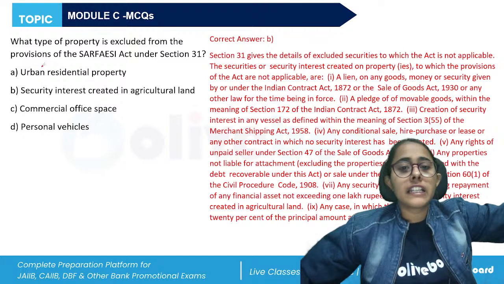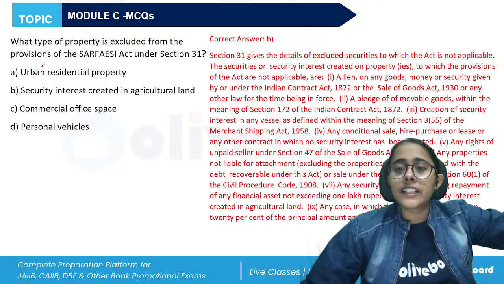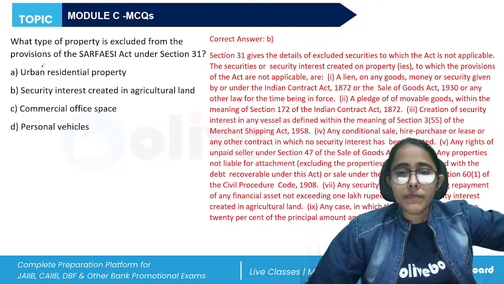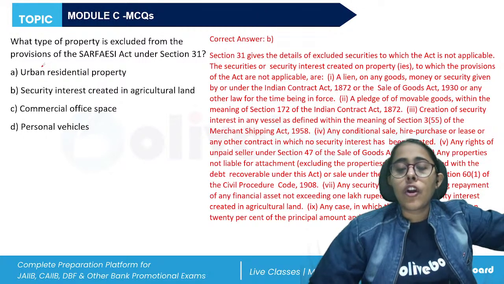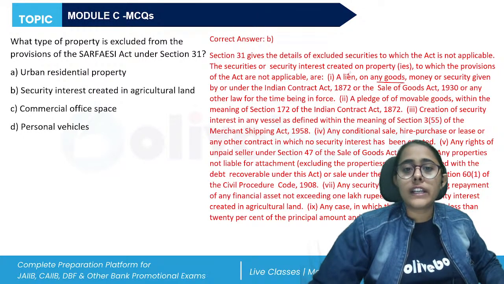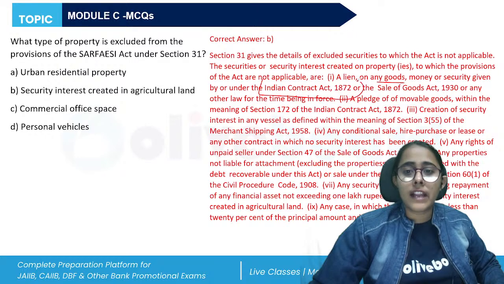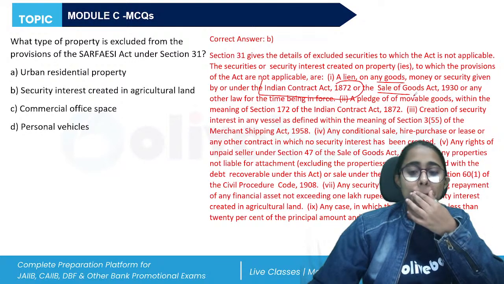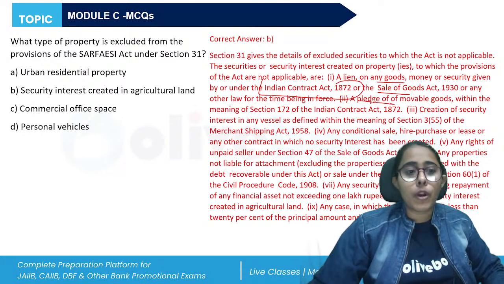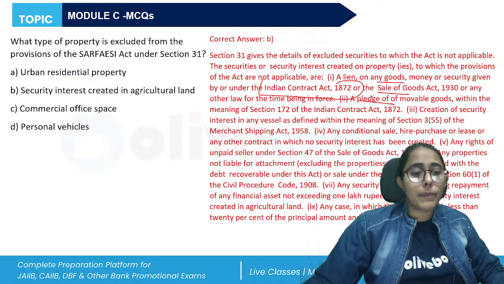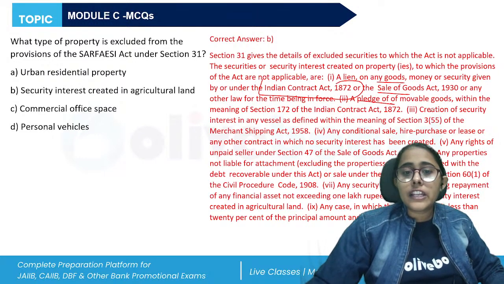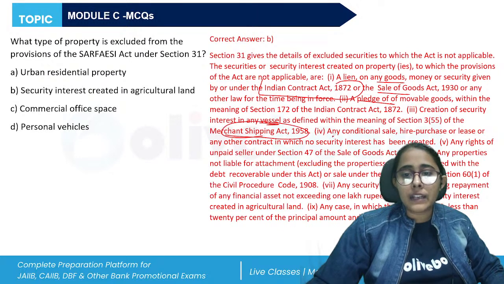Section 31 gives details of the excluded securities where the Act is not applicable. These include a lien on any goods, money or security that is given under the Indian Contract Act or the Sale of Goods Act. Any pledge on movable property. Pledge on movable property cannot be included. Creation of security interest in any vessel defined under the Merchant Shipping Act.